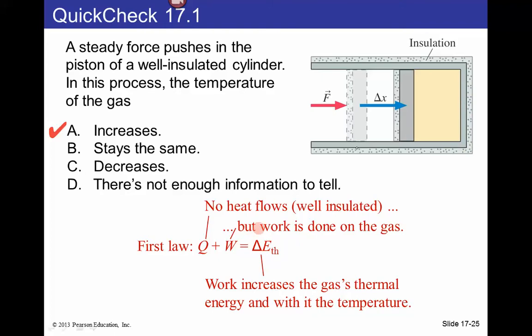But work is being done, because there is a force and there is a displacement. This is the work done, which is force times the displacement. That means that there is that much energy going into the system. So the system's energy increases by that much, and therefore the temperature increases.